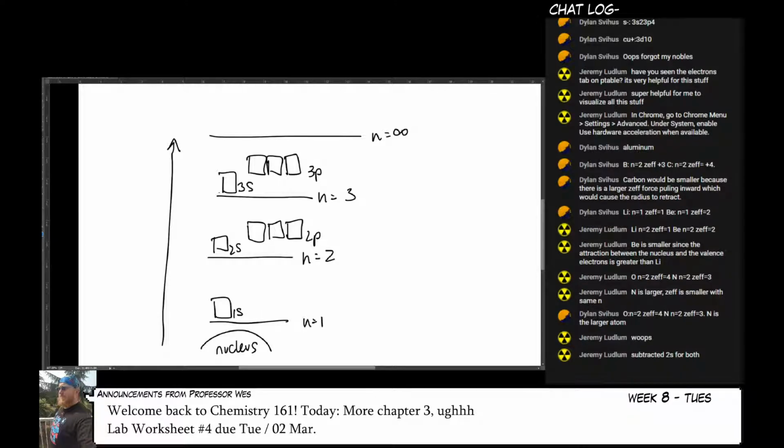Again, I'm going to look at magnesium because it's just easy, and we'll look at that compared to, say, sodium. So we'll put in my electrons. So there's magnesium. If I want to ionize an electron out of here, I have to fight against the force of the nucleus to do that.